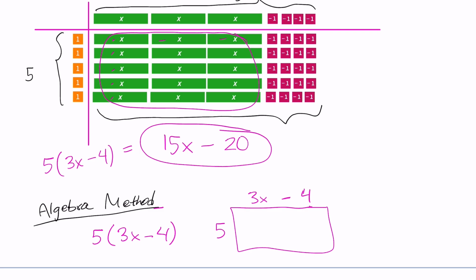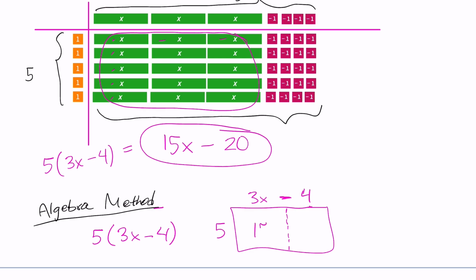I want you to split this into 2 pieces, because when we were using the algebra tiles, notice how we split this into 5 sections, and then each one got its own. When we're using the pure algebra method, I just want you to split each term into 2. So that's one term, that's another term. So you split that into 2, and then there's just one term here, so you don't need to split it up. You're just looking at 5 groups of 3x.